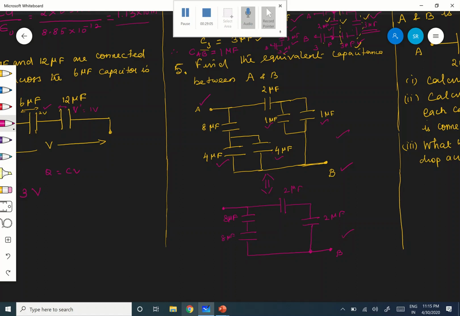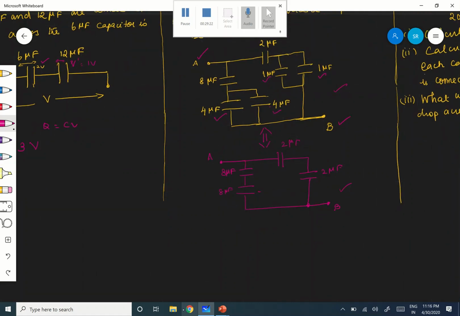Now what you can do? See, this is A and this is B. Therefore, now you see 8 and 8 in series. Let me draw once again the simple equivalent circuit. 8 and 8 in series means 8 divided by how many? 8 by 2.